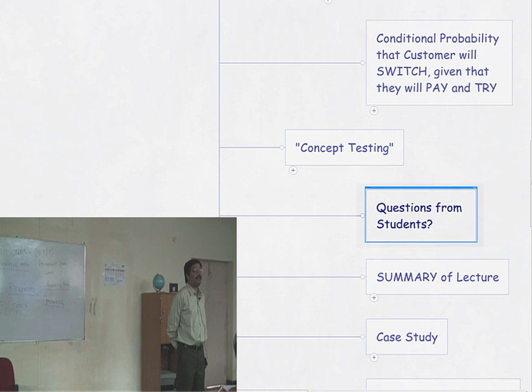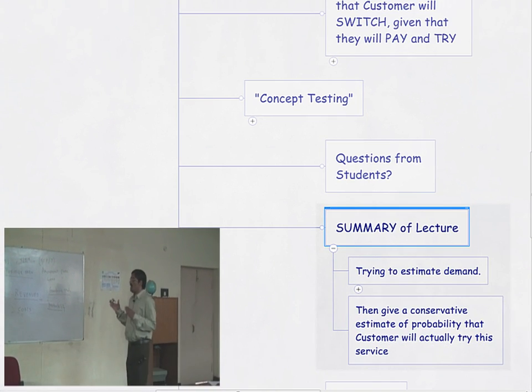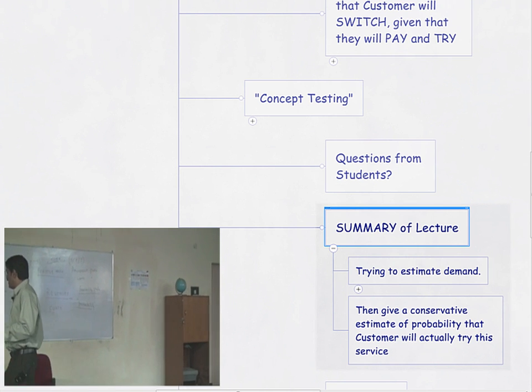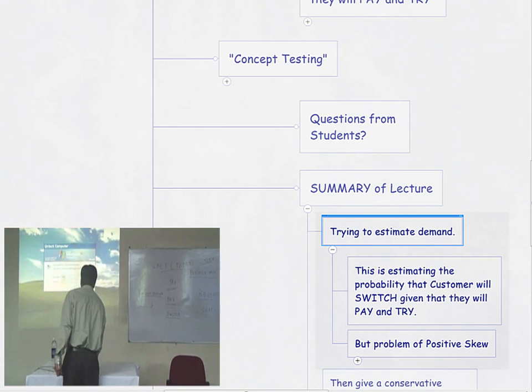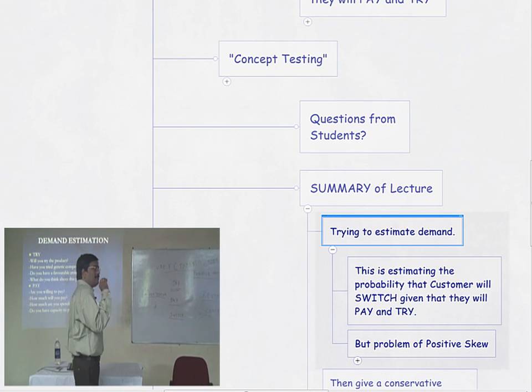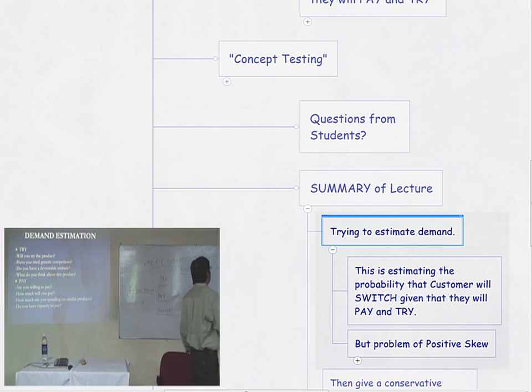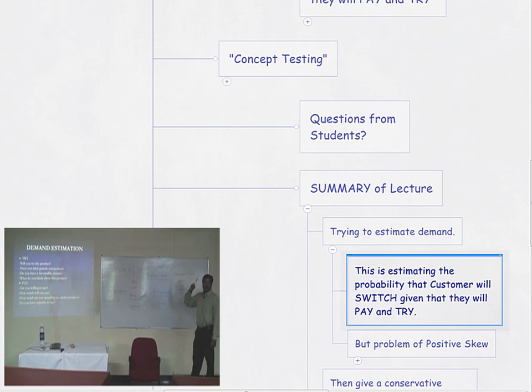No questions? Okay. I'll just sum up again. This whole exercise is one of trying to estimate demand. And estimating demand is nothing but trying to calculate the probability of switch, given that he will pay, given that he will try.